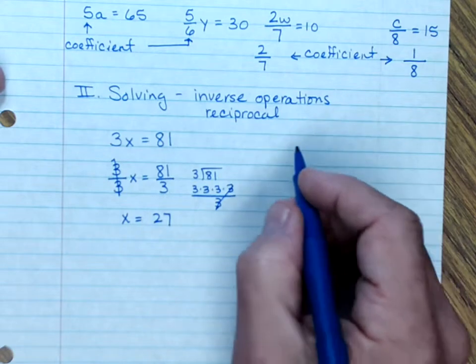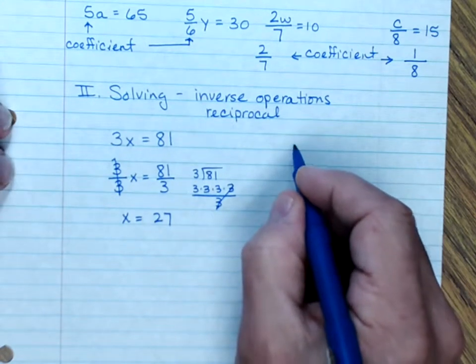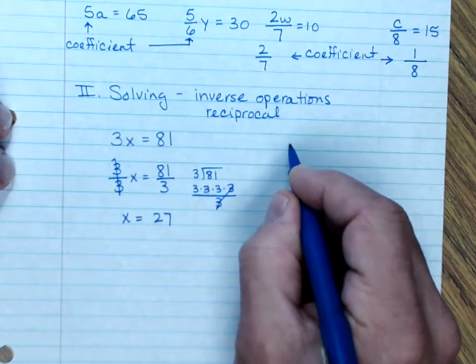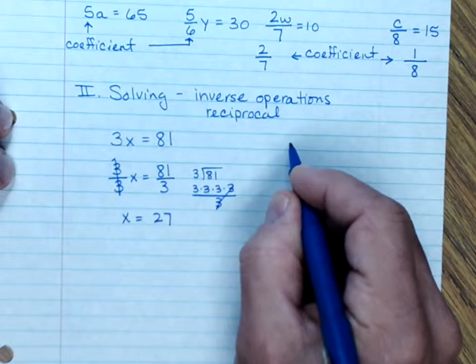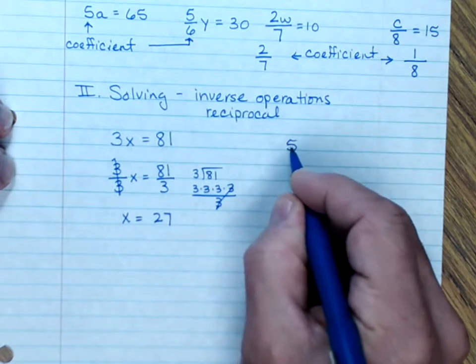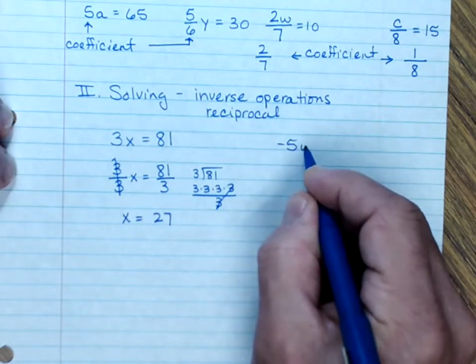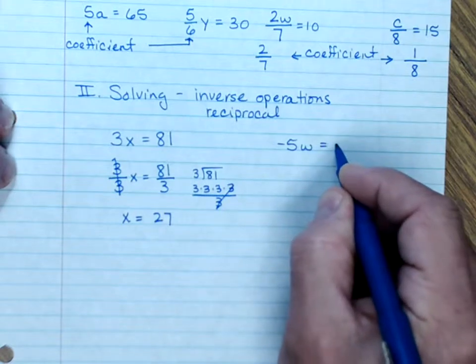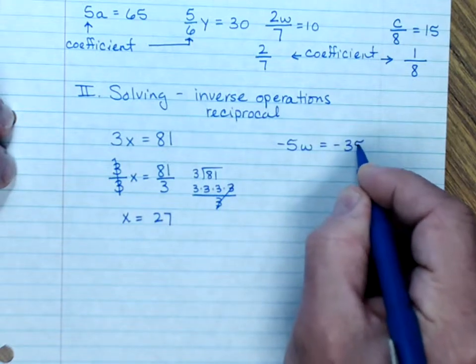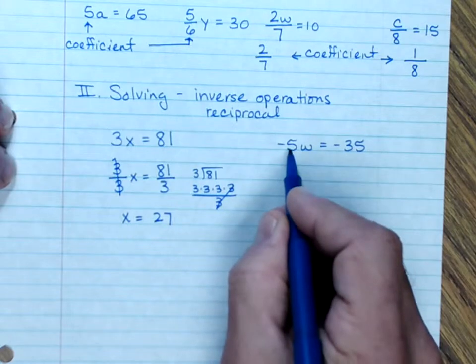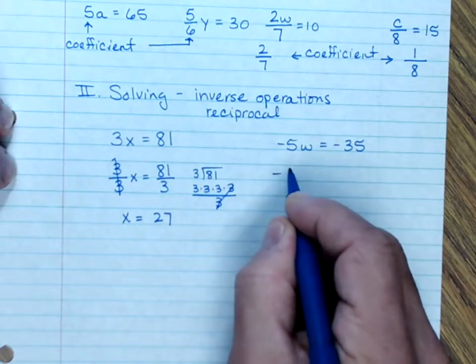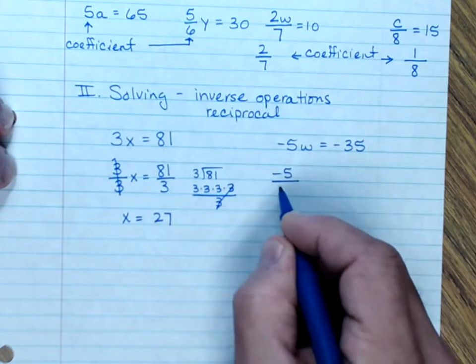I'm only going to do one more of those. One more of those, excuse me. Lost track where I was looking on my paper. Do something similar, but with a negative. Negative 5w is equal to negative 35. Okay, again, the coefficient's negative 5, so we're going to divide both sides by negative 5.